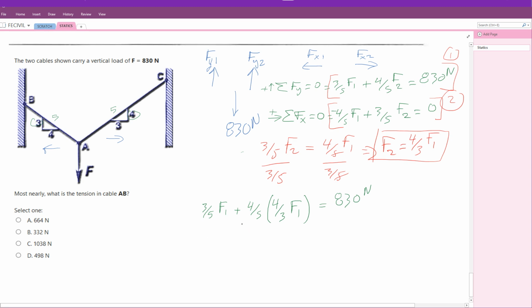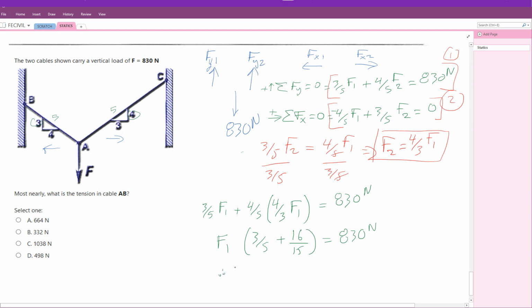We can factor F1 out: 3 over 5 plus, multiplying the fractions, 4 times 4 is 16, 3 times 5 is 15, equal to this. You can do it in one step. If you're under exam pressure, you can just divide straight, you don't have to factor and do all that.